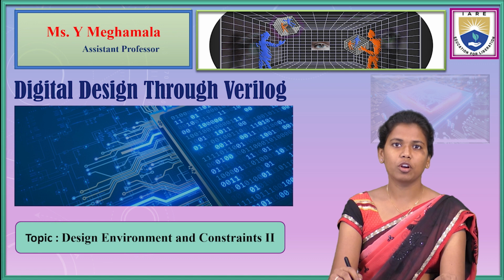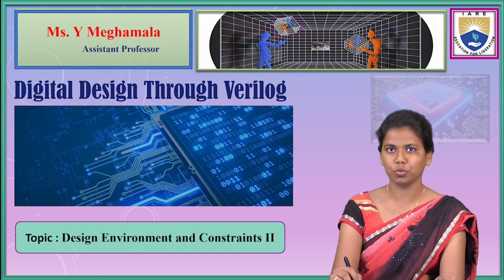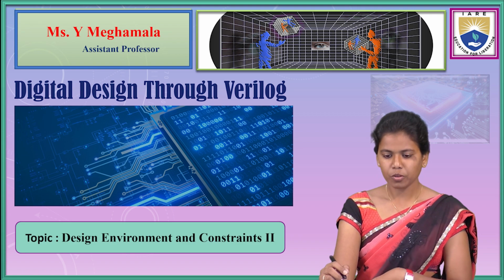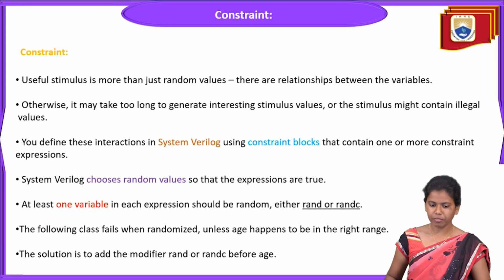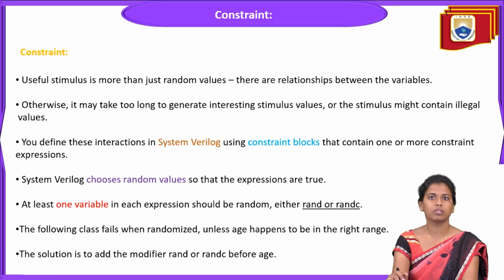And today I am going to talk about design constraints and environmental disturbances, part 2. In the previous section, we discussed different types of constraints and also the environmental disturbances which occur when we are not able to get the proper output.